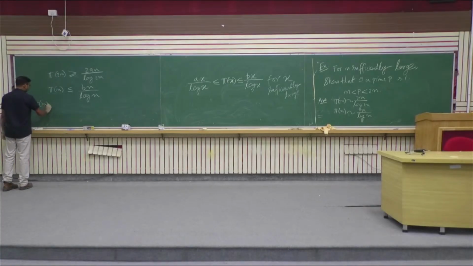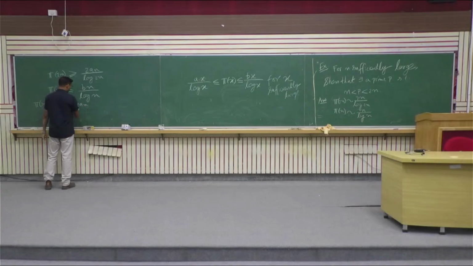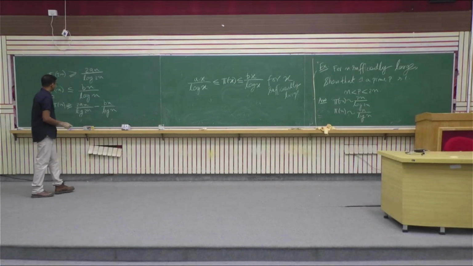So pi of 2n minus pi of n is greater than or equal to 2an by log 2n minus bn by log n, right?